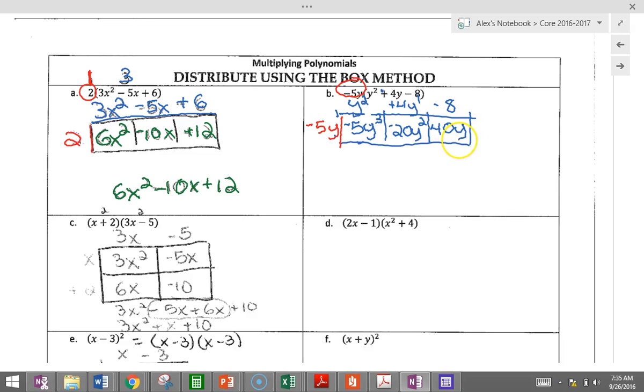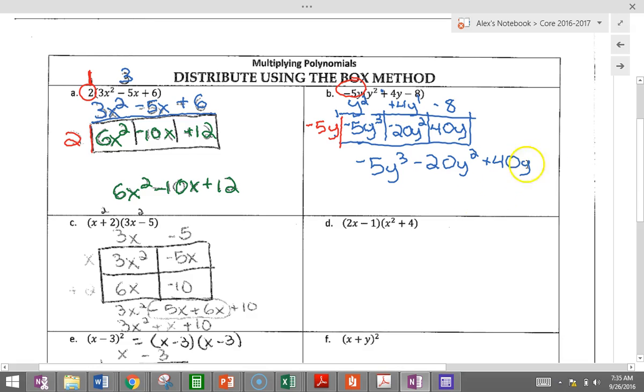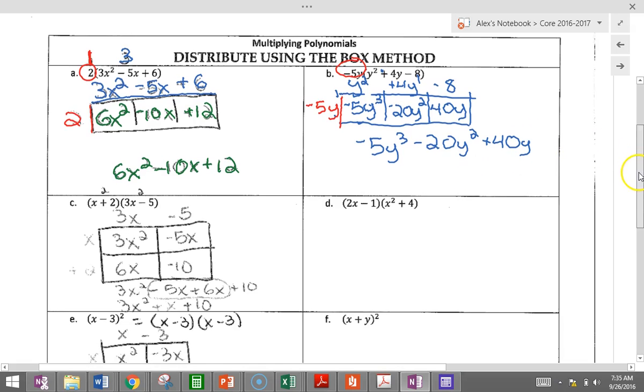And then I still have that y. So then this is negative 5y cubed minus 20y squared plus 40y. Again, I have to look for like terms, and here I don't have any. I have a y cubed, a y squared, and a y. None of those are like terms. So I'm done.